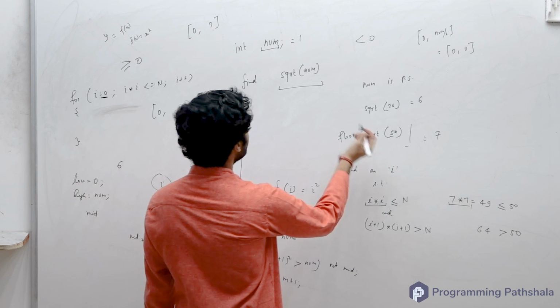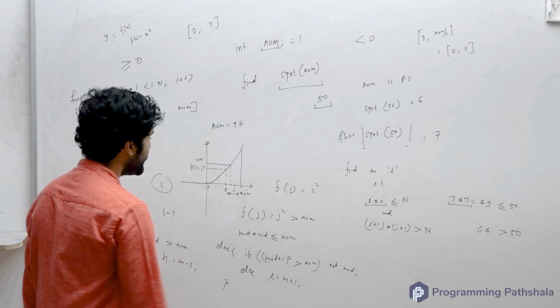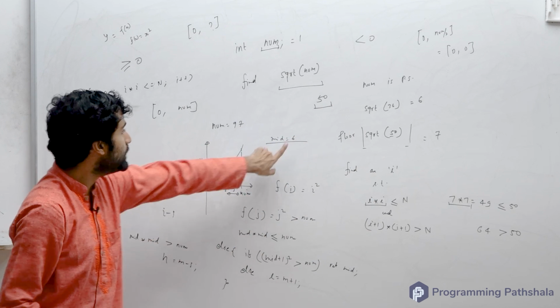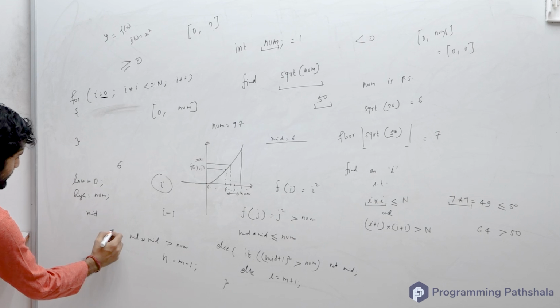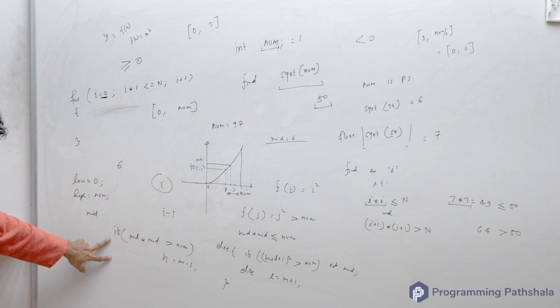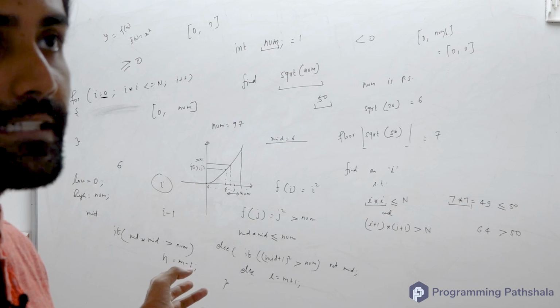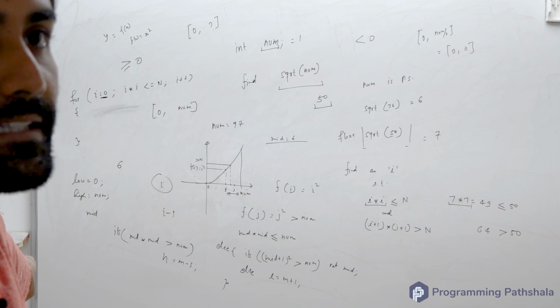Let us take an example. You were, let's say, trying to find the square root of the number 50, and let's say at some point your mid was equal to 6. So if mid was equal to 6, will this if condition be true or will the else condition be true? The else condition will be true, because 6 square is 36 and 36 is smaller than the number.